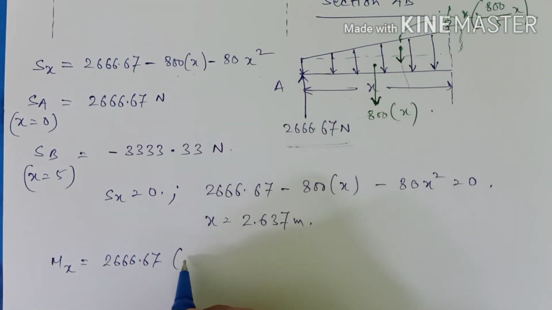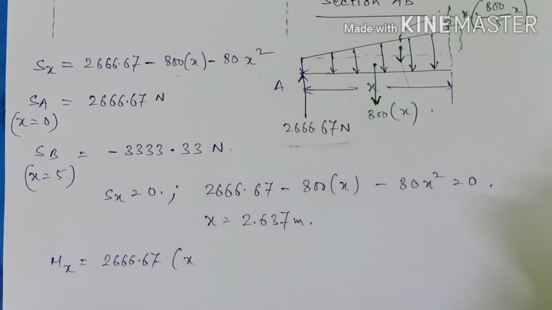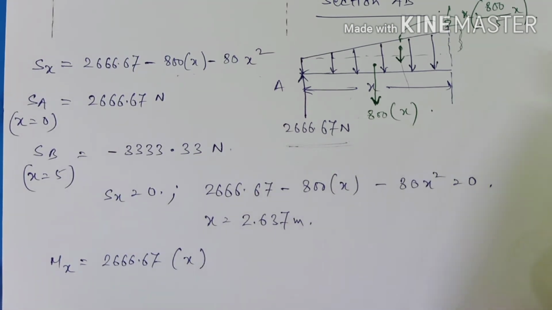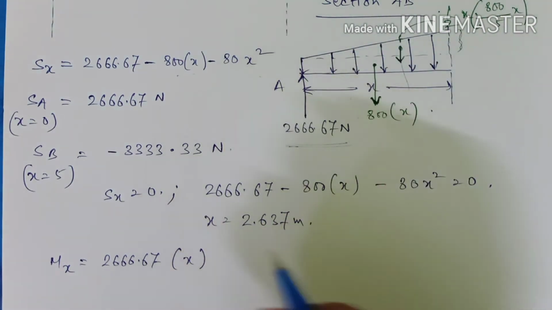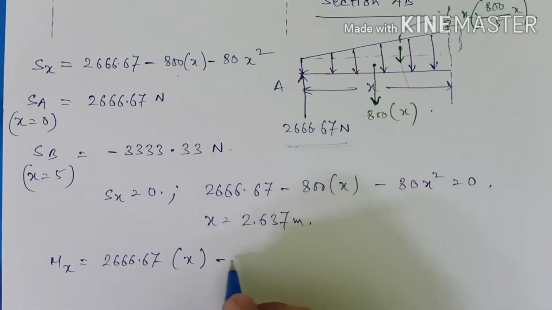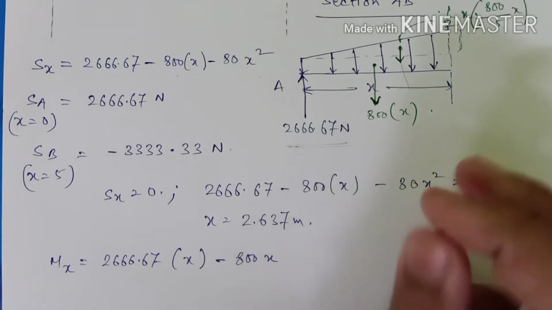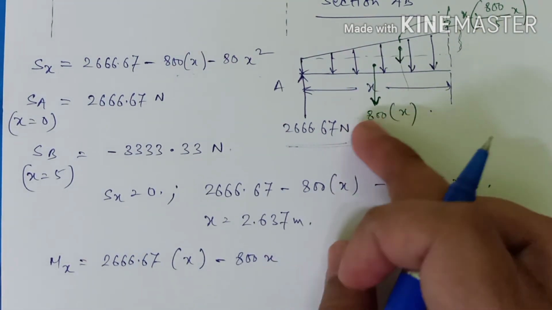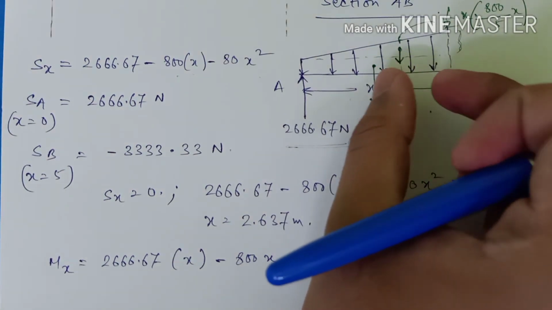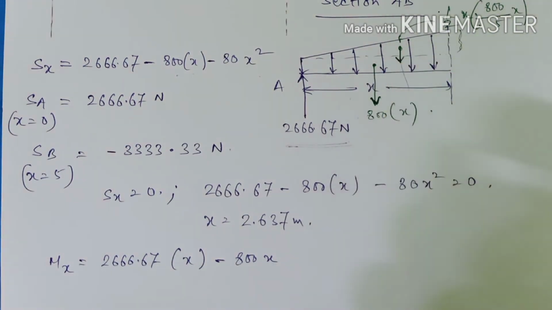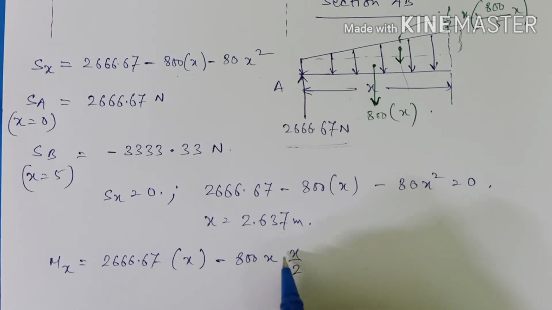Now this will try to hog the beam, so it will be minus 800x. This is my load, multiplied by this perpendicular distance, which is x by 2.